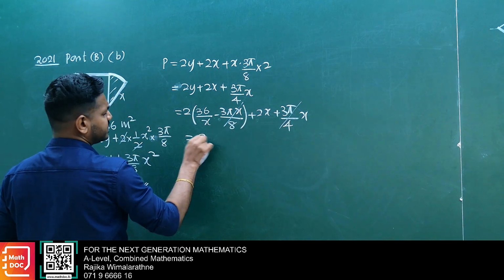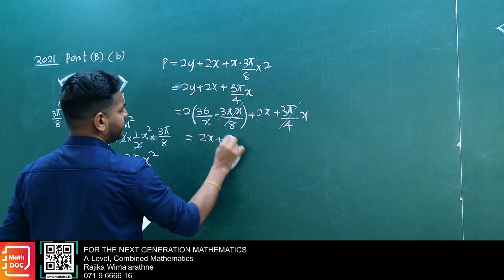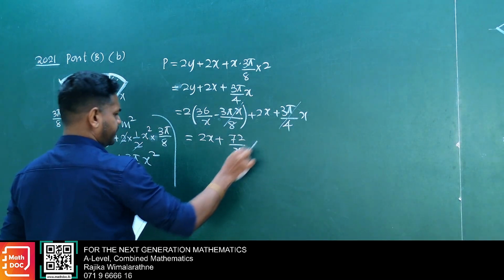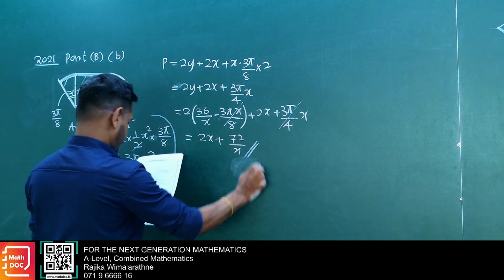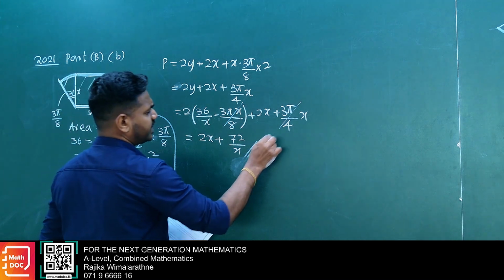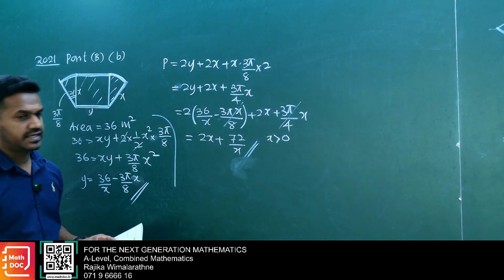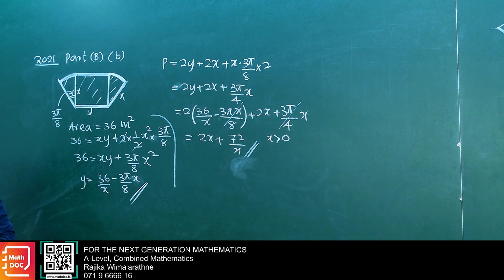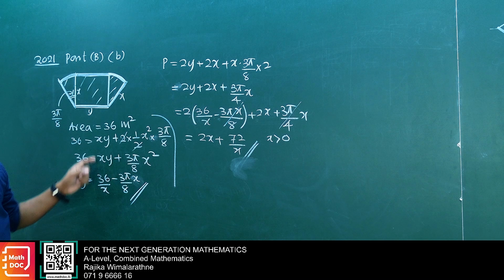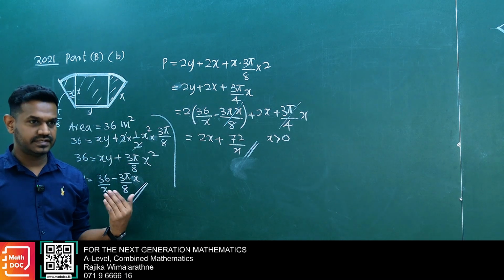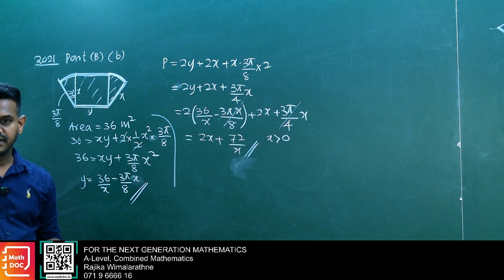Then we have 2x plus 72 over x, that is the perimeter, where x is greater than 0. That is general geometry. First write the area relation, then write the perimeter relation and manage it to get the result.